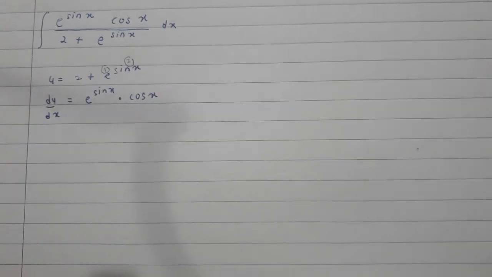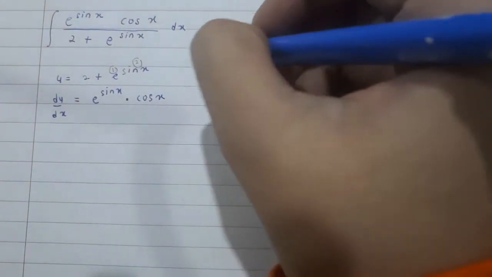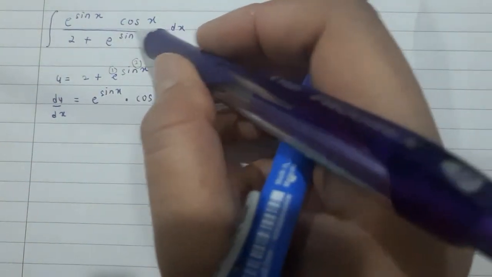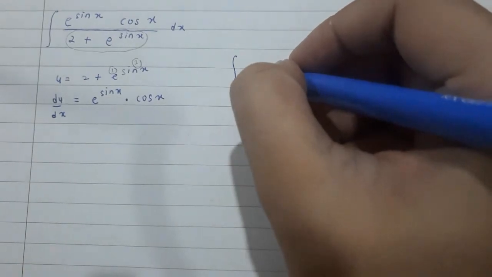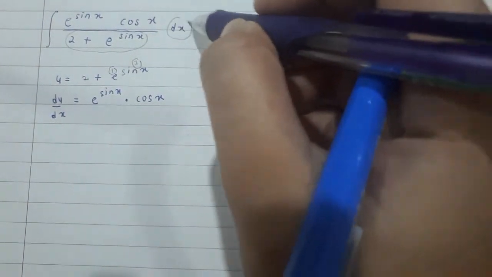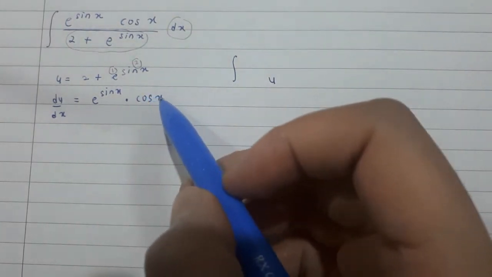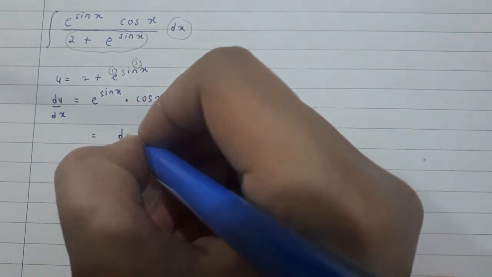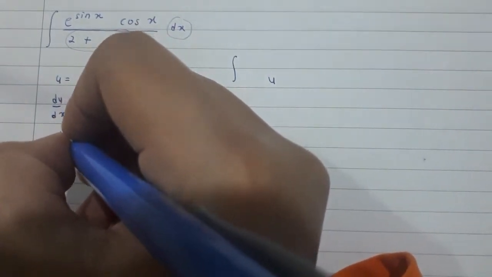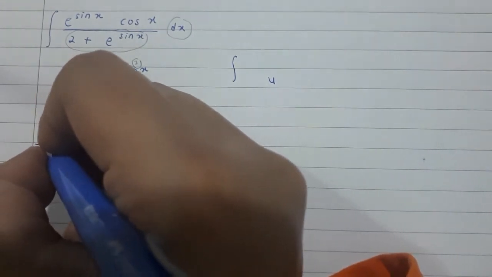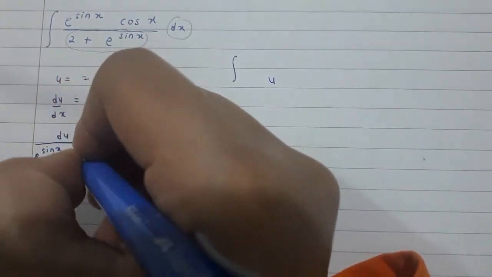Okay, now let's do the substitution. Substitute 2 plus e to the power sin x by u. And next, I want to substitute dx. We can get dx from this equation. So dx equal du over e to the power sin x cos x.